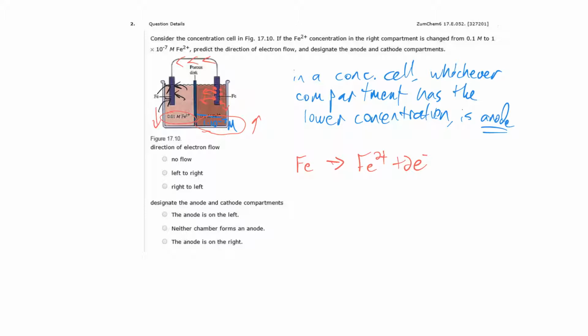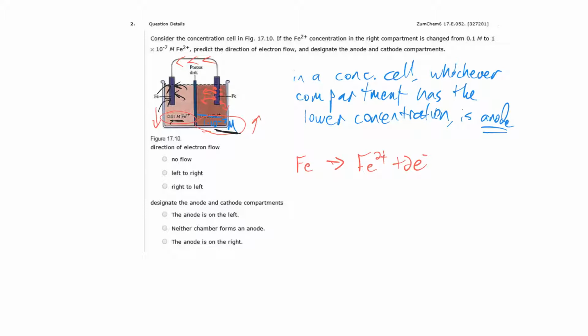You'll get a measurable change in mass. So we would expect the mass of the iron on the right side to be decreasing and the mass of the iron on the left side to be increasing. And as it's doing so, the concentration of iron on the right side is going up and the concentration of the iron on the left side is going down. And that'll continue until they meet.